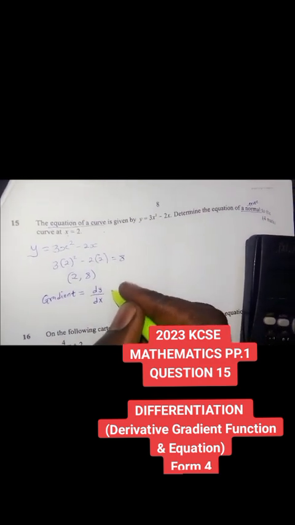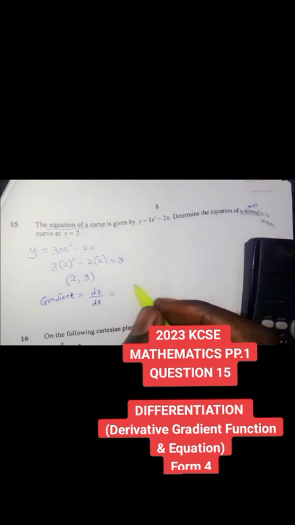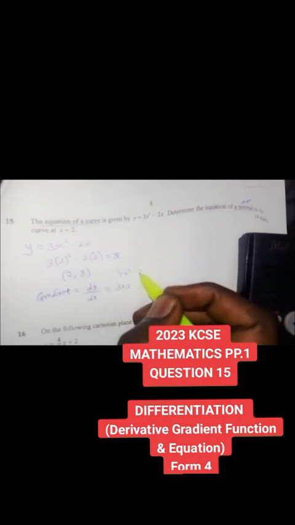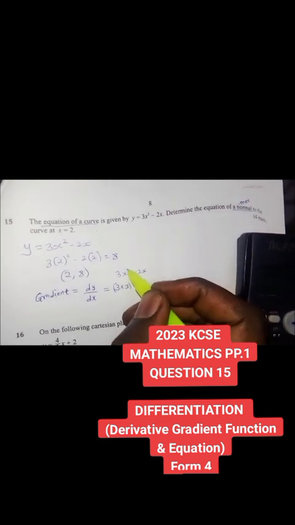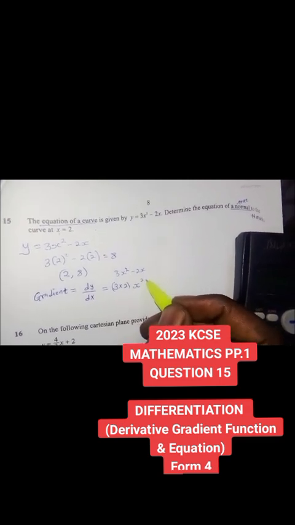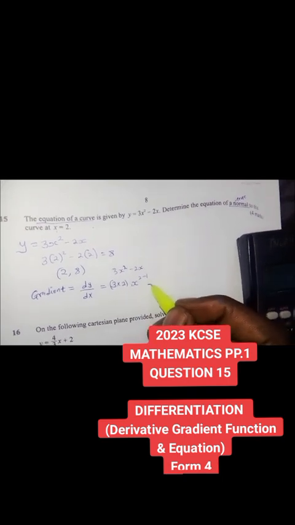To differentiate simply means I multiply 3 times 2. This is the equation here, 3x squared minus 2x. I take the number on top, the power, and multiply it by the number in front. Then on the power, I reduce by 1. Same for this one also. The number here, I assume it is 1.